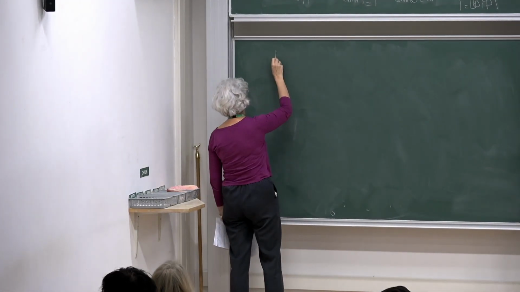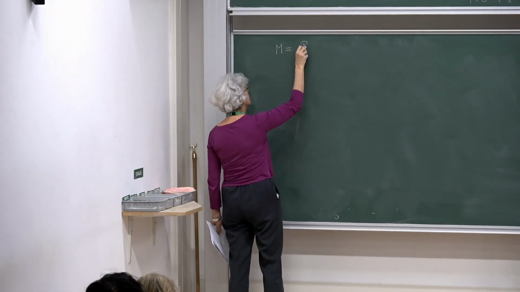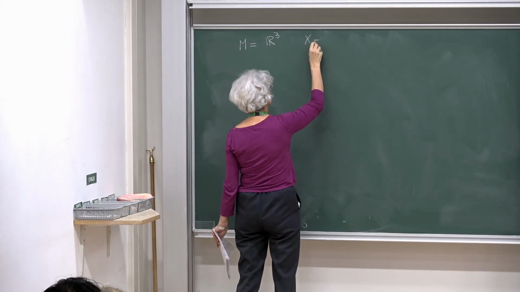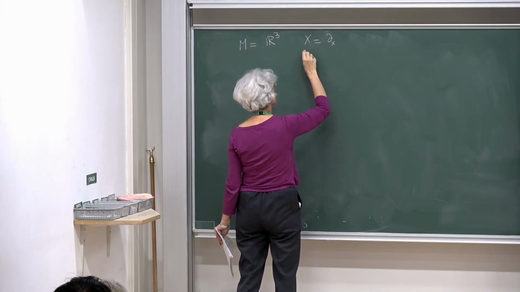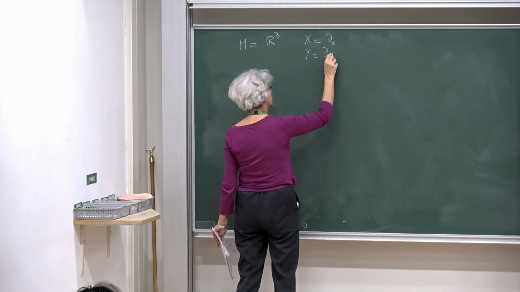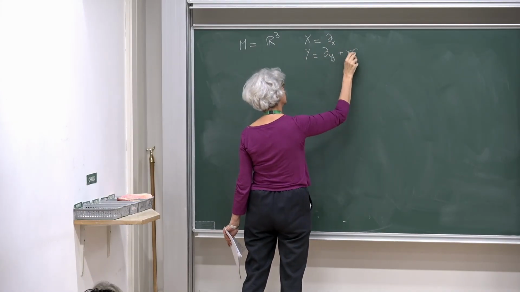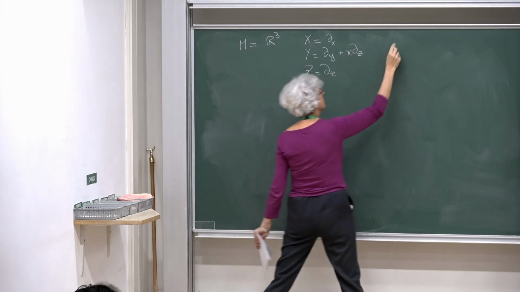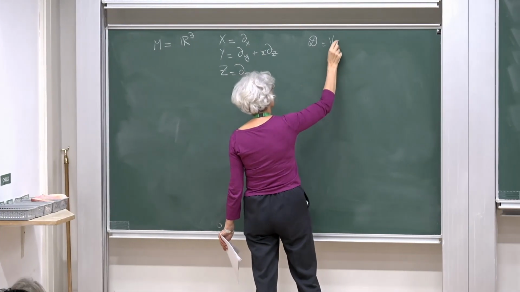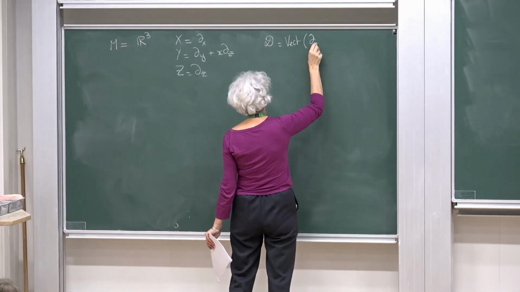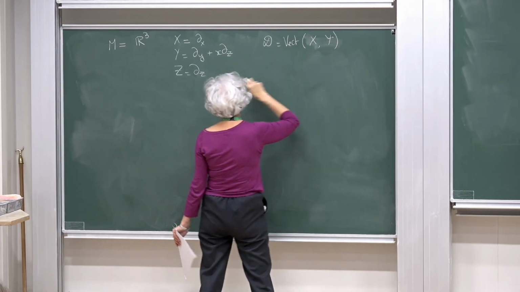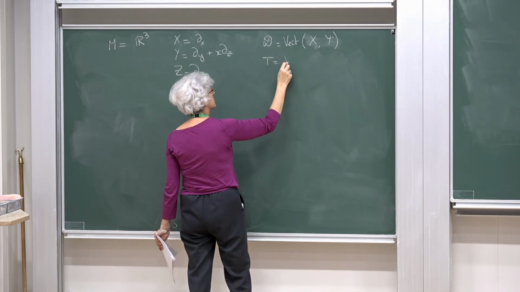I take for M R3, and I take the vector fields: one is dx, another one is dy plus x dz, and then Z equals dz. Then H is generated by X and Y, and T is just Z, the commutator.